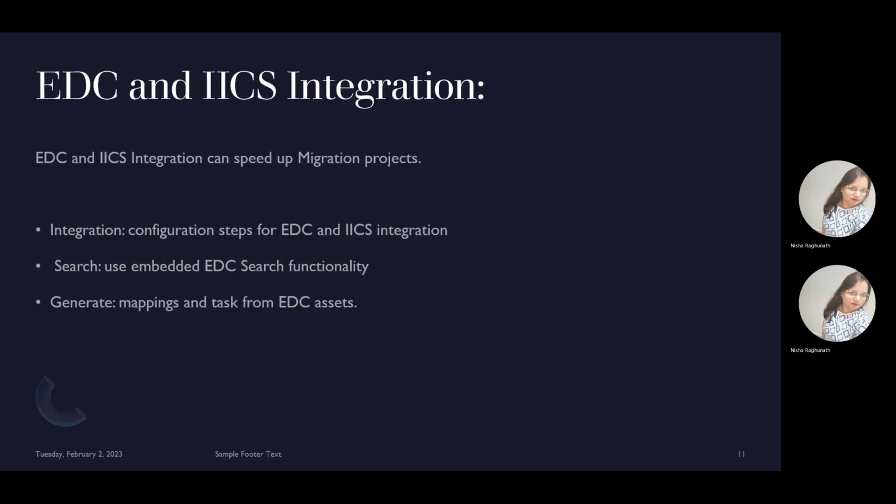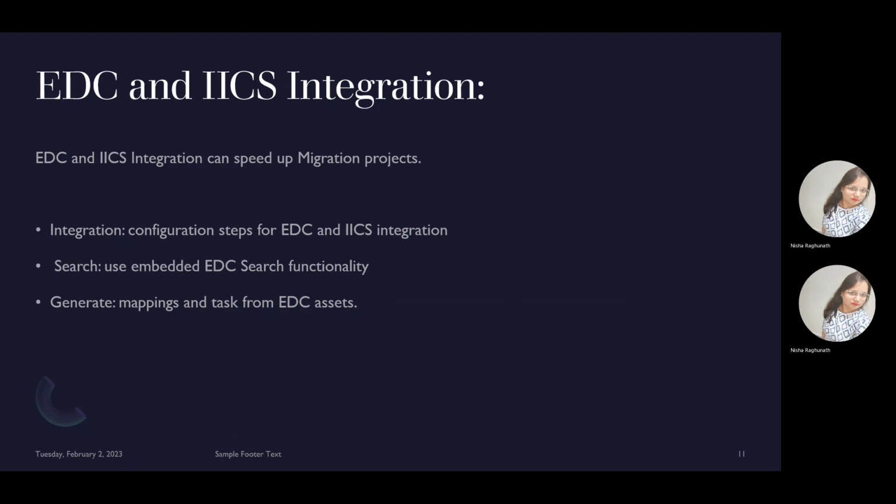The next topic would be EDC and IICS integration. EDC, the full form is Enterprise Data Catalog. The combination of both of them can speed up the migration project. The integration configuration steps for EDC and IICS integration we will learn in our coming videos.